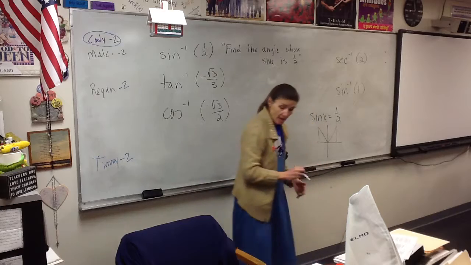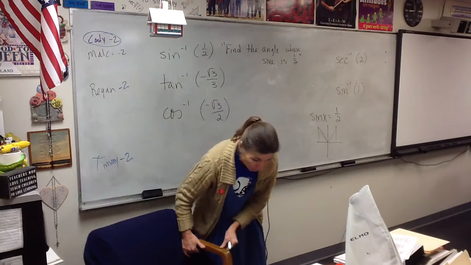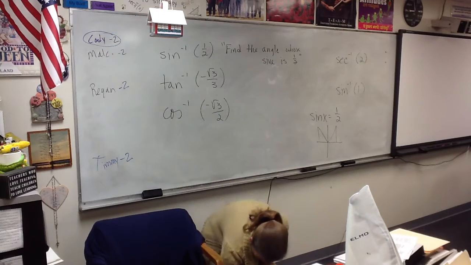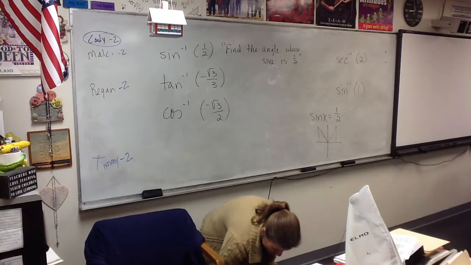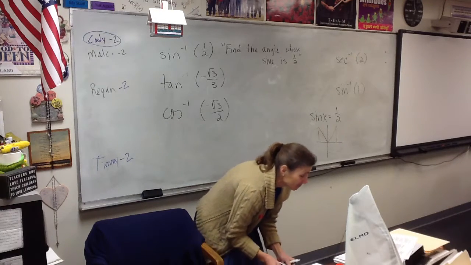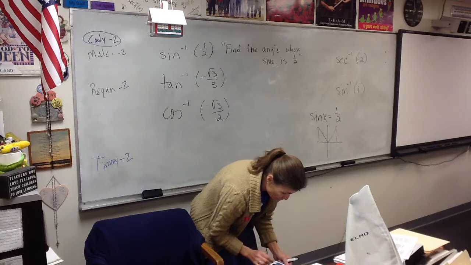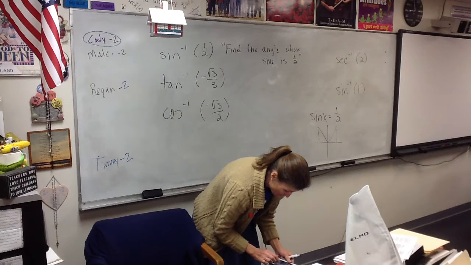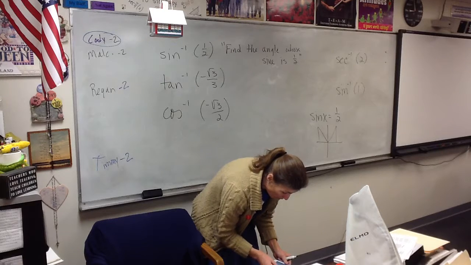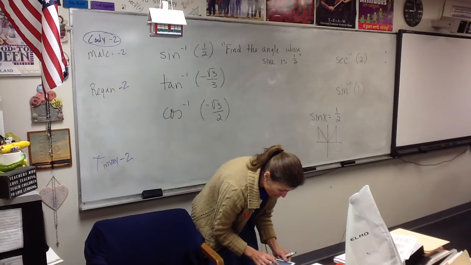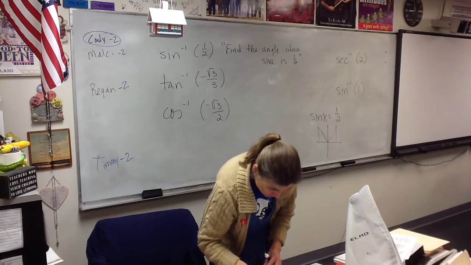How do I know the sine can be a positive number in quadrants 1 and 2? Sine is associated with y, and where is y positive? Quadrants 1 and 2.